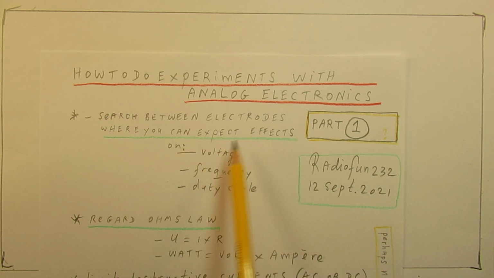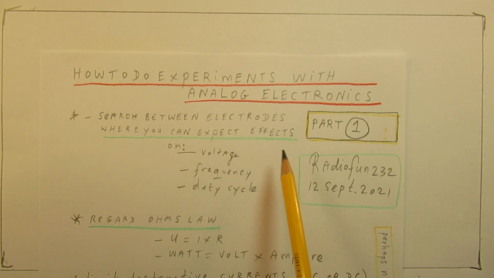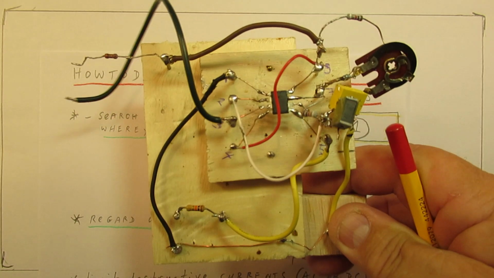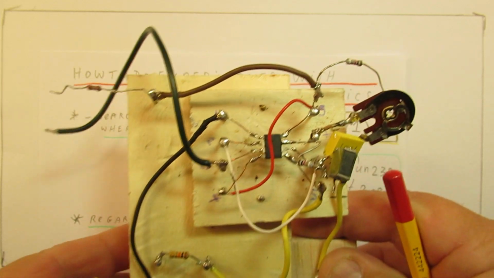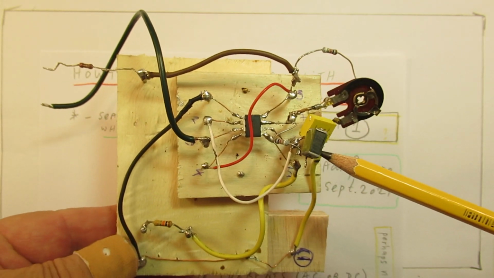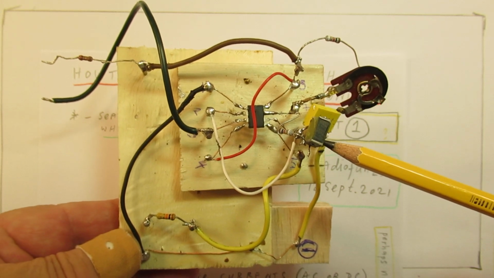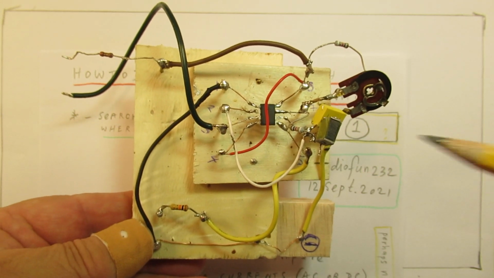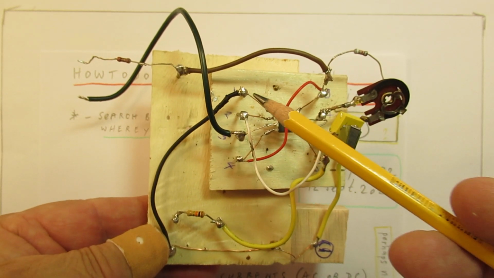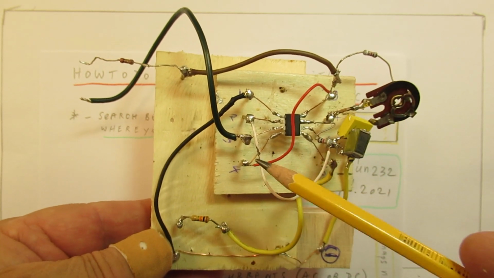Search between the electrodes where you can expect effects, and I mean effects in terms of voltage, frequency or duty cycles. I published this circuit today with the 555 voltage controlled oscillator, and in that circuit there are, for instance, 2 wires connected between the pins.